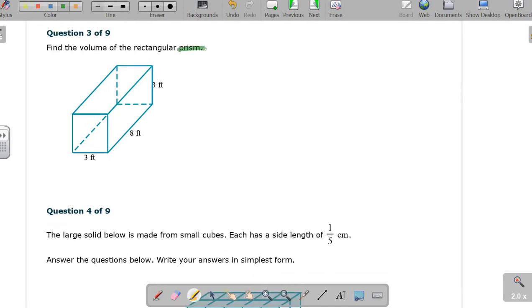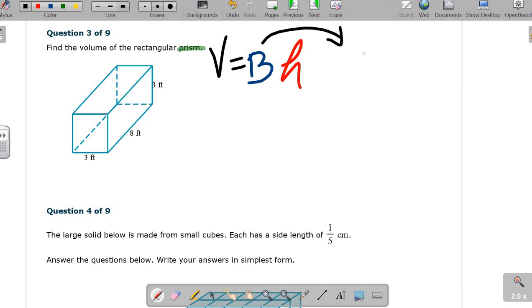Volume of a prism is simply going to be volume equals base times height. Now remember, your base has three qualities. They are congruent, and there's two of them. They are parallel, and there's nothing but rectangles that connect them.